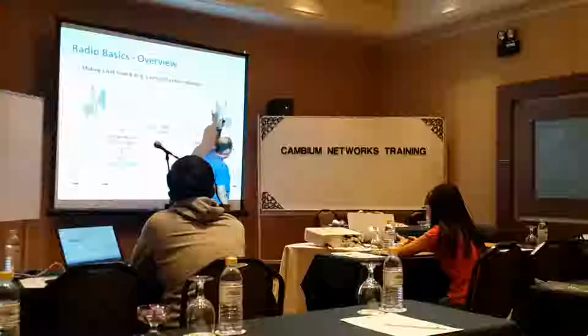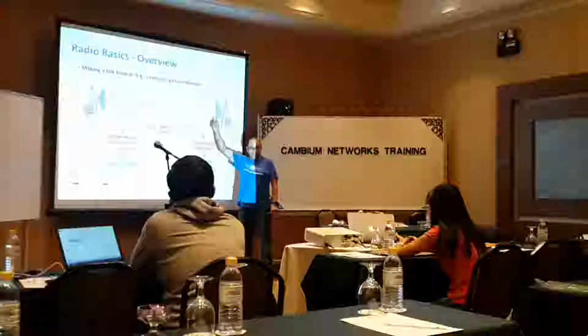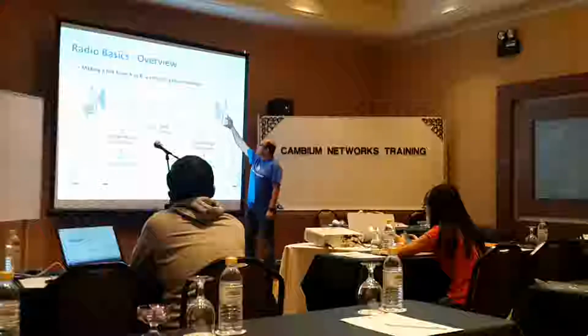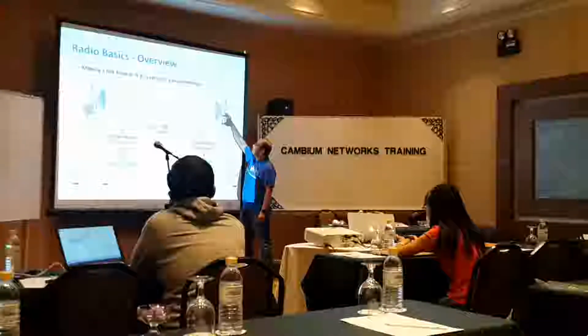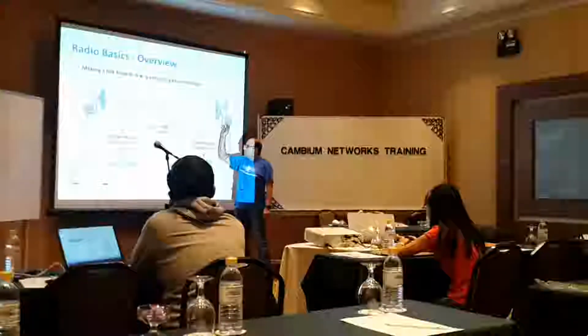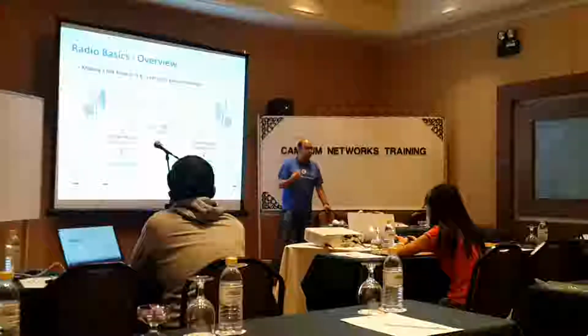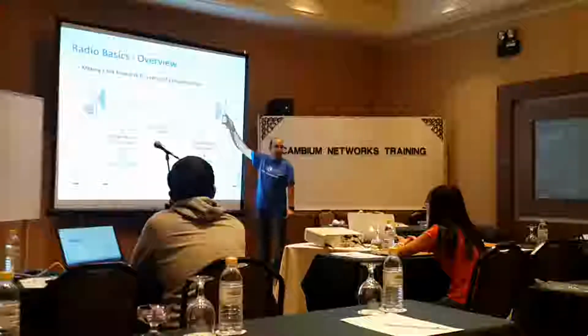Now, on the receiver side, the gain of the receiver is important, Rx gain. And then the loss between, and Rx sensitivity, the amount of signal that the receiver can sense.